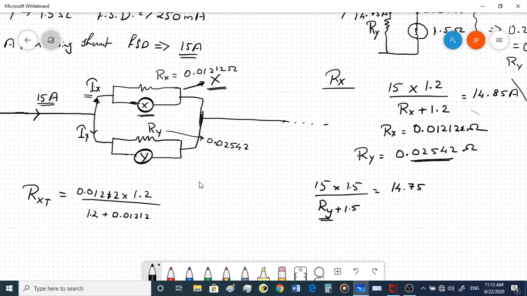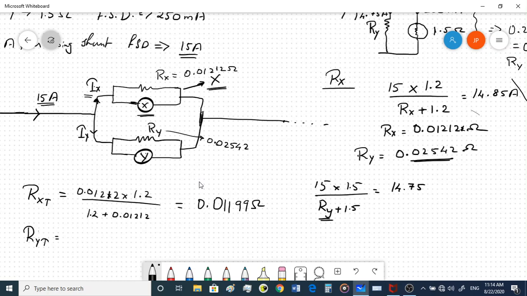So you will get it as 0.01212 into 1.2 divided by 1.2 plus 0.01212. When you calculate this value, you will get 0.01199 ohms, right?